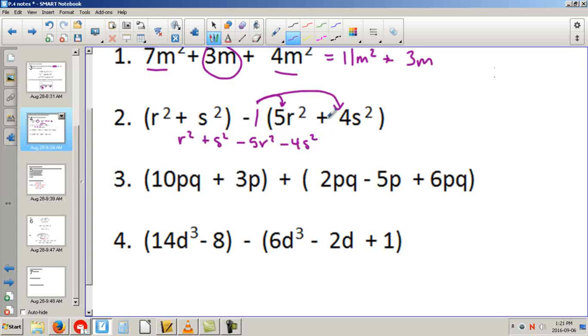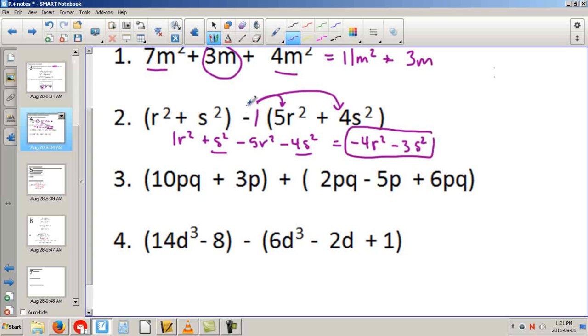So we distribute that negative, it turns both of them negative. Now if I look at my r squareds, I've got 1r squared and a minus 5r squared. That's the same as negative 4r squared. And if I look at my s's, I've got 1s squared minus 4s squared would be negative 3s squared. And there would be our answer.